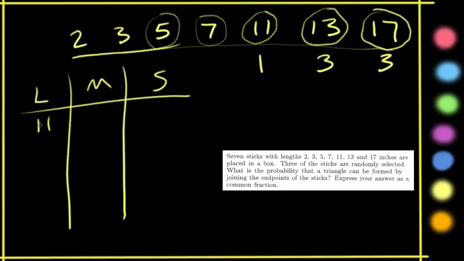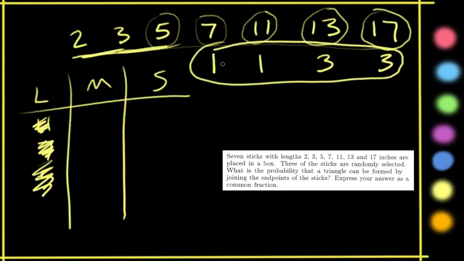If the largest is now 7, I'm going to have to add up to at least 8, which I can do with 3 and 5, but no other possibility, so that's another 1 possibility there. And then if the largest is 5, I have to add up to at least 6, which I can't do with 2 and 3, so that doesn't work. So I'm all done. I basically have this many ways to make a triangle. So 3 plus 3 plus 1 plus 1, that's 8 ways to make a triangle.